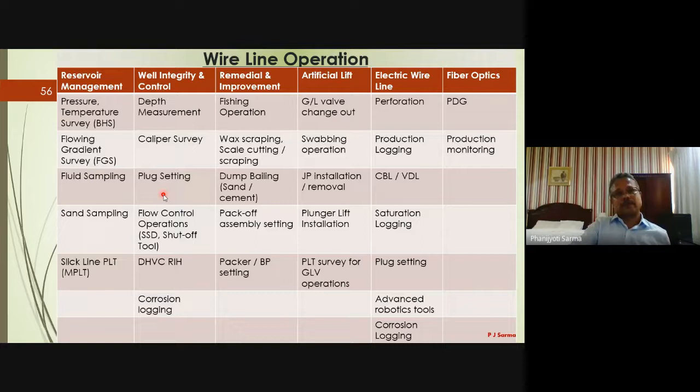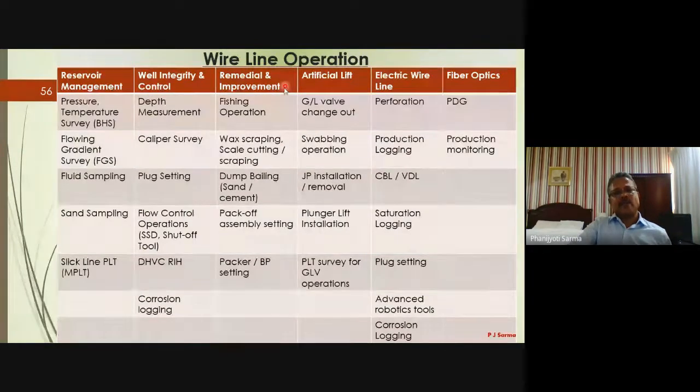Downhole shut-in valves, and also a downhole video camera. Sometimes we run in a downhole video camera to visually capture the condition of the wellbore. Then corrosion logging. These are the jobs broadly under the category of well integrity control.